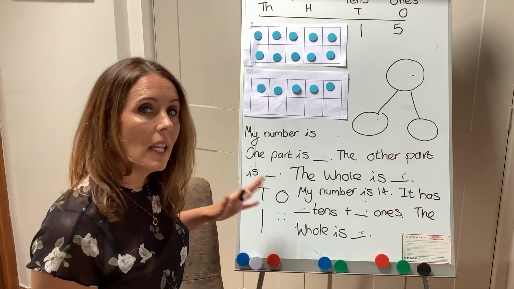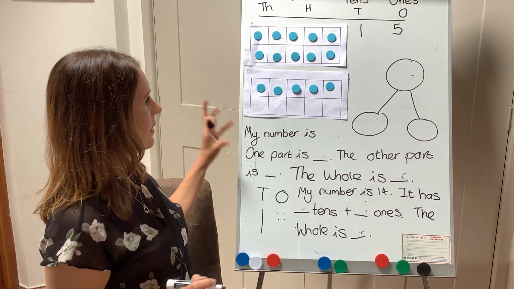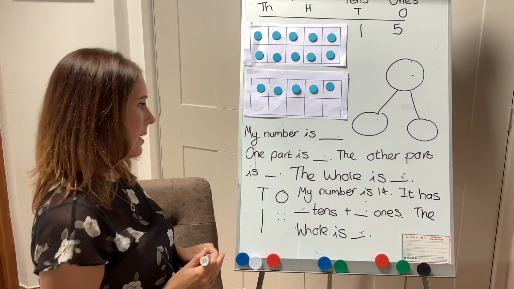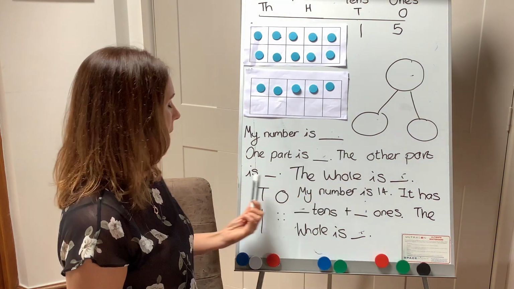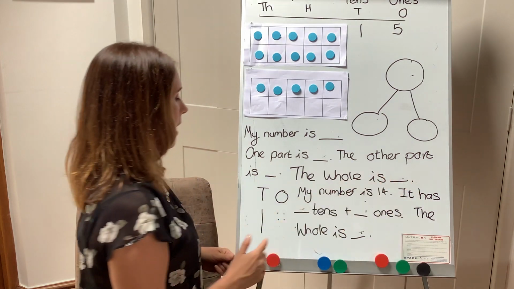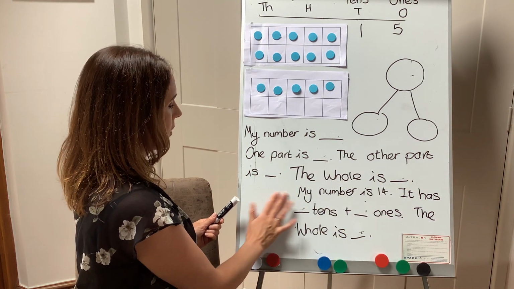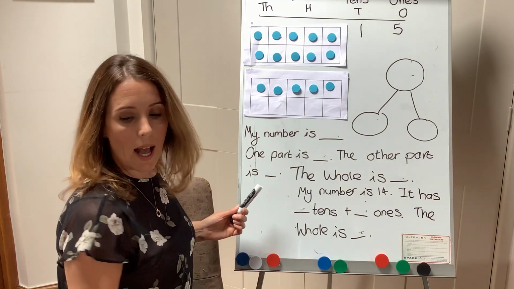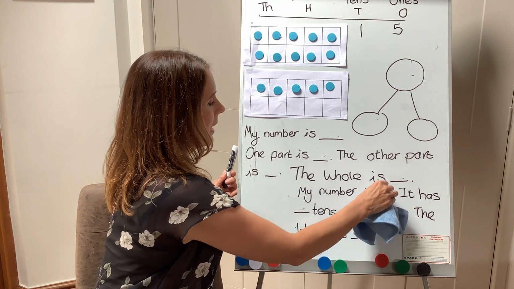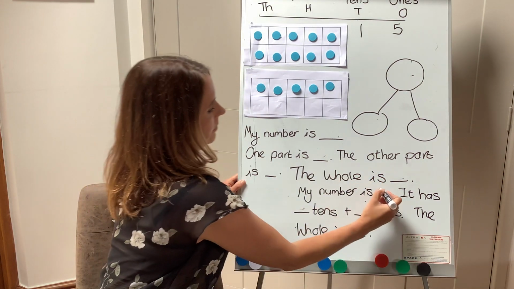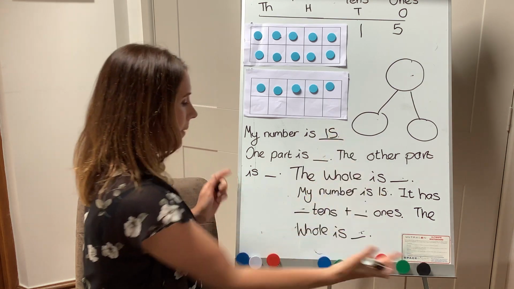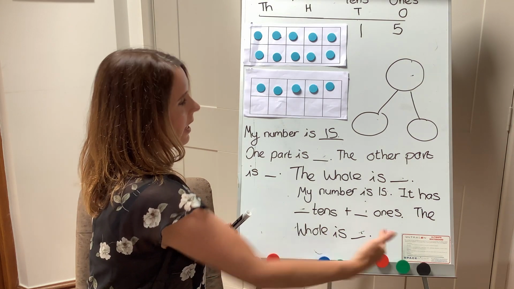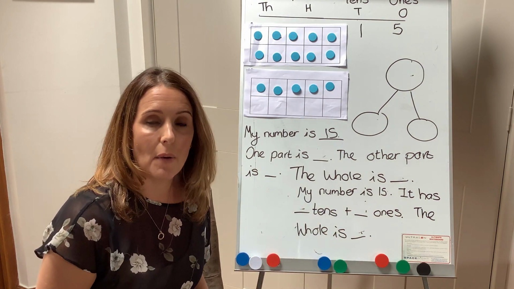Can you make the number 15 using base 10, using the tens frame, using the Pothole model? My number is, say what your number is. One part of it is, the other part is, the whole is. Can you write the number if you want to, using just a 10 stick and a little cube for 1? And then you can say my number is 15. It has how many tens and how many ones, the whole of it is, and say what the whole is. So pause that and have a go.